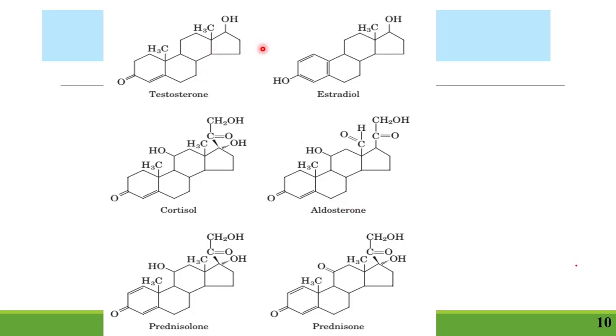But they differ from cholesterol. As you can see here, the OH group is changed to a ketone group or hydroxyl group in estradiol, and also the hydrocarbon tail isn't there in steroid hormones. And the carbon number in testosterone, cortisol, estradiol, and aldosterone is different.